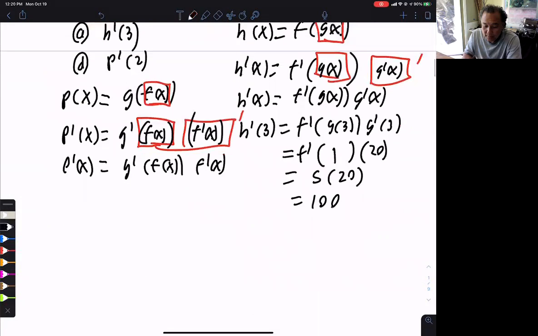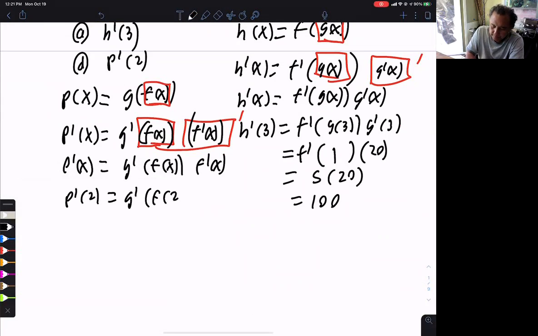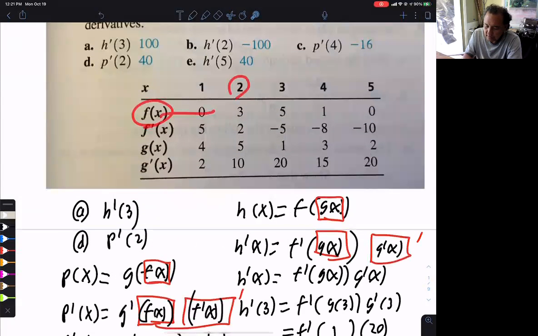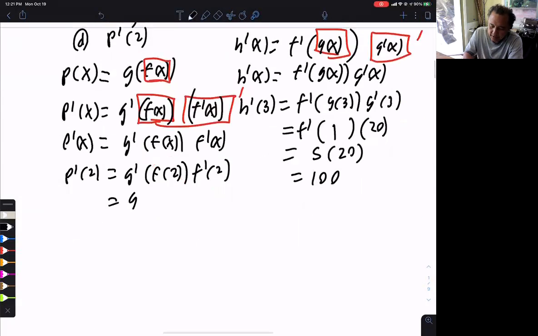All right, now we want P prime at 2. So I replace all my X's with 2. What's F of 2? Let's look at our table. There's F, there's 2, it's 3. So it's going to be replaced with a 3. And what's F prime at 2?